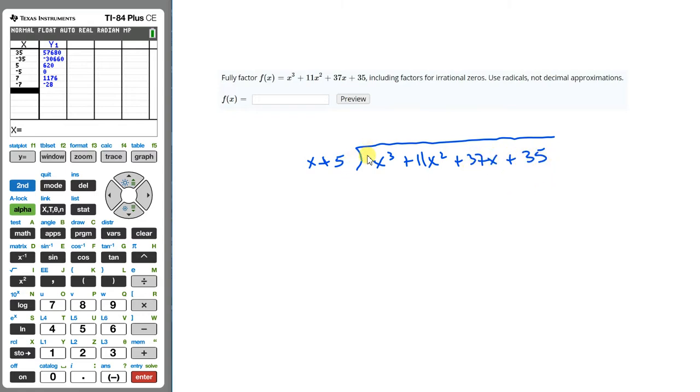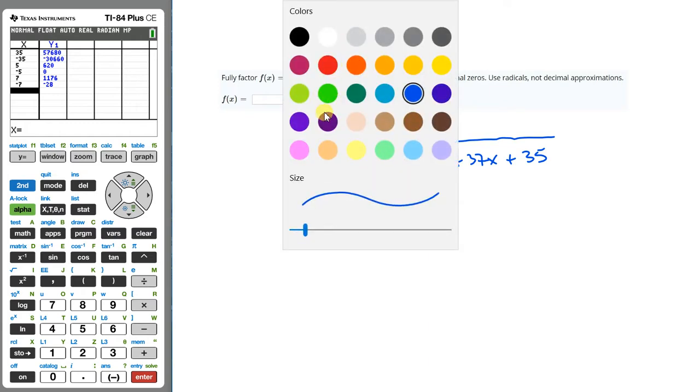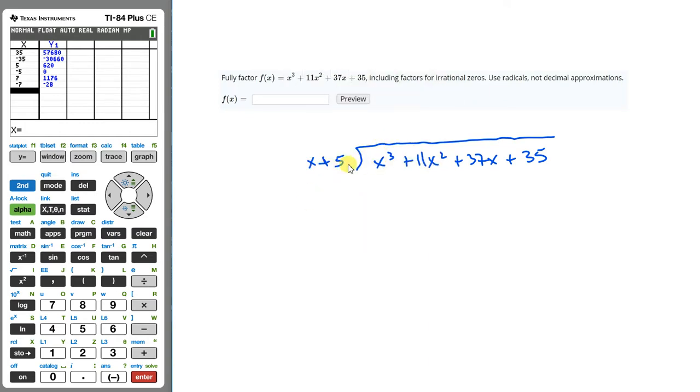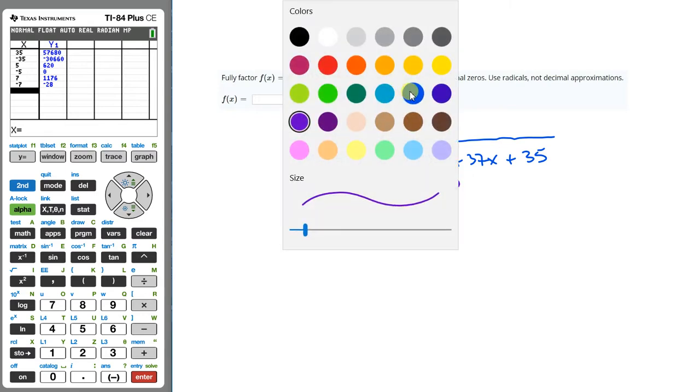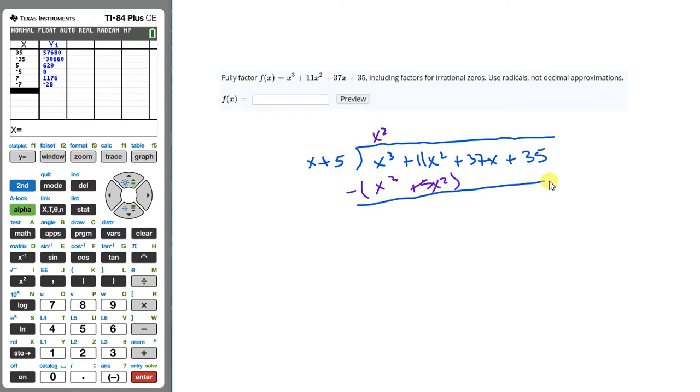Okay, let's divide in. I'm going to have x into x cubed. The numbers out front match, 1 and 1, so I'm going to have an x squared. x squared times x plus 5 gives x cubed plus 5x squared. Multiply back down, subtract, and we end up with x cubed take away x cubed is gone. 11x squared take away 5x squared leaves me 6x squared.